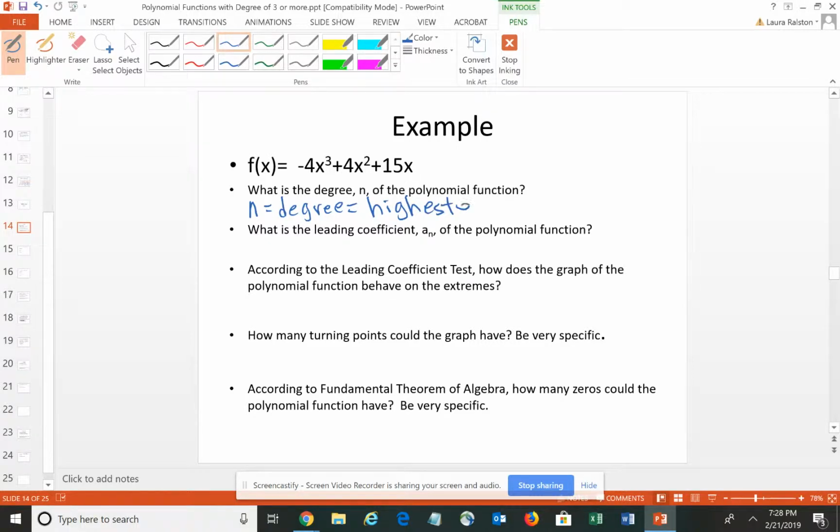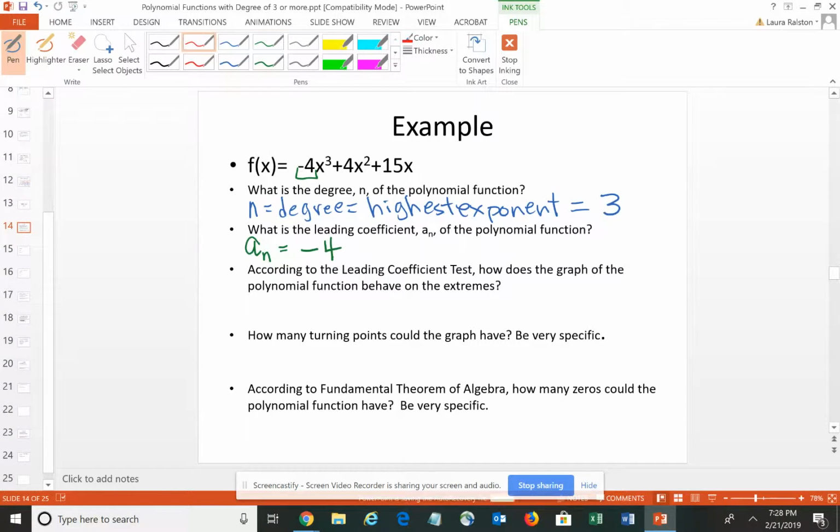And in this case, the highest exponent in that particular function is 3. So my degree is 3. The leading coefficient is the number in front of that highest degree. So my leading coefficient, which we represent as a sub n, would be negative 4.